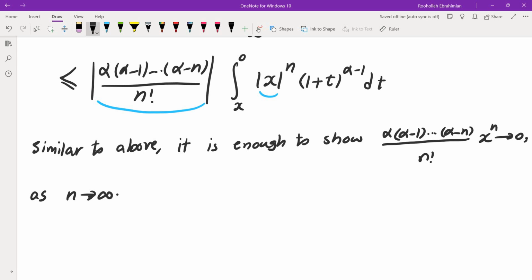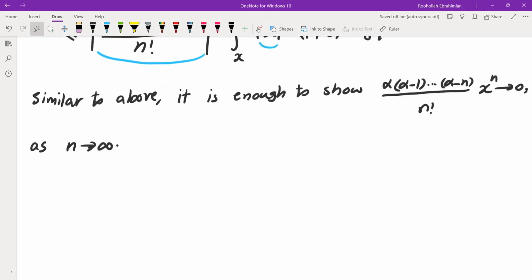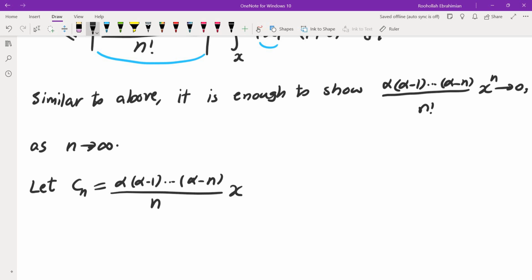Okay, so now I have to show this sequence approaches 0. Let's call that Cn, which is incidentally quite similar to the binomial coefficient. It doesn't really matter though.